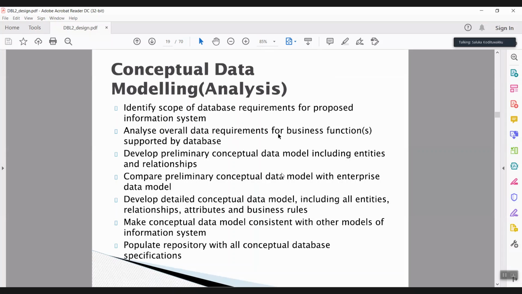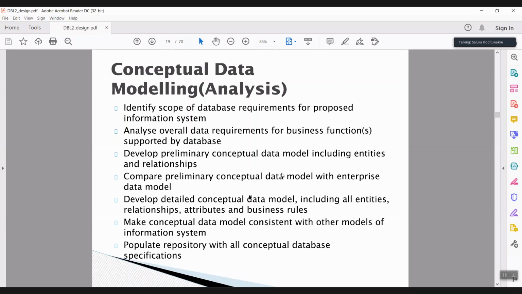Data can be stored, but this stored data should facilitate performing the operations of the organization. Otherwise, there is no purpose of having even a 100% consistent database.